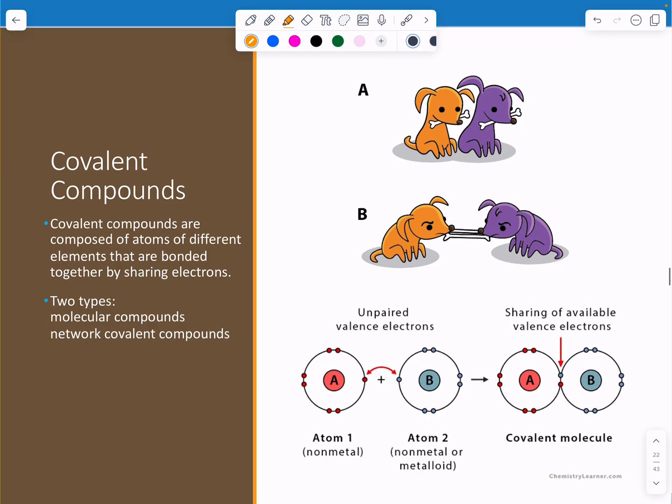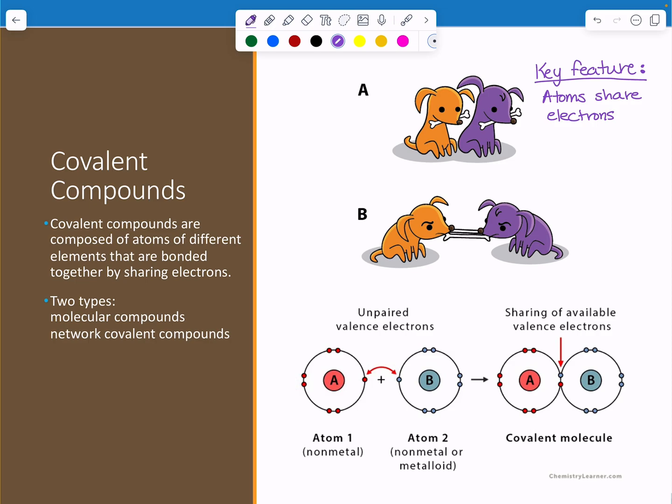All right. So covalent compounds, the key feature of covalent compounds is atoms sharing electrons. While ionic compounds are held together because of the attraction between positive and negatively charged ions, the key feature of covalent compounds is atoms share electrons. Okay.